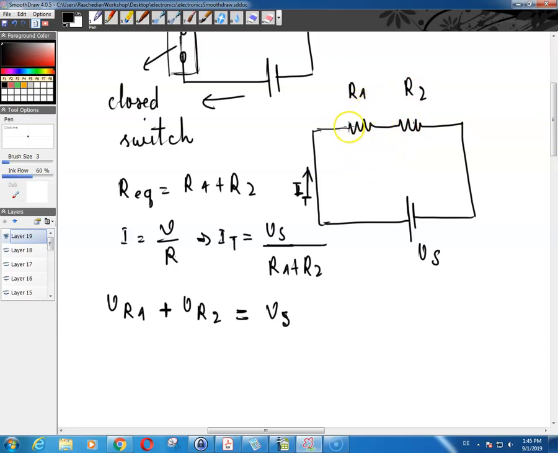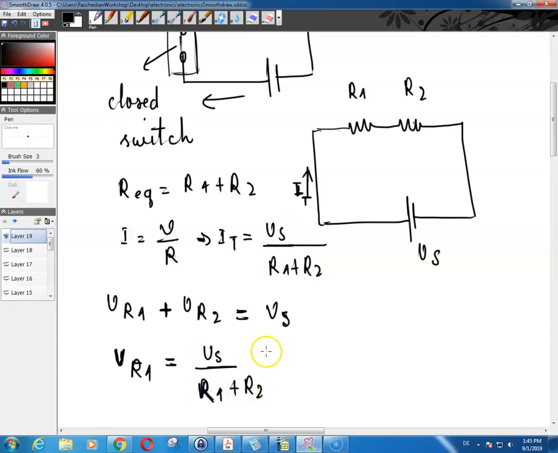Now, this voltage drop, V of R1 for example, is equal to well, I times R, of course. V is equal to IR. So the current that is going through this resistor was basically V of S divided by R1 plus R2.